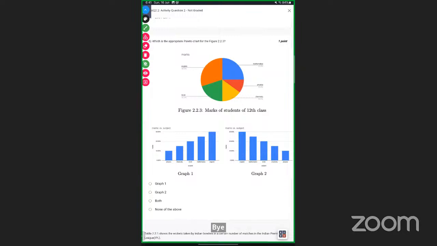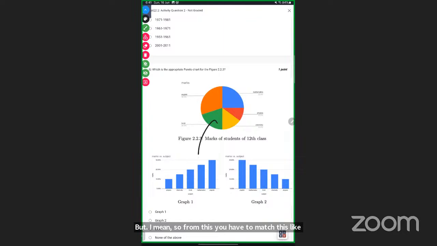But I need to see if they are correctly drawn or not. One thing you need to check is whether they are correctly drawn. For example, does the baseline start from 0 or not? From this you have to match this like that. So if both are correctly drawn, then both are correct.